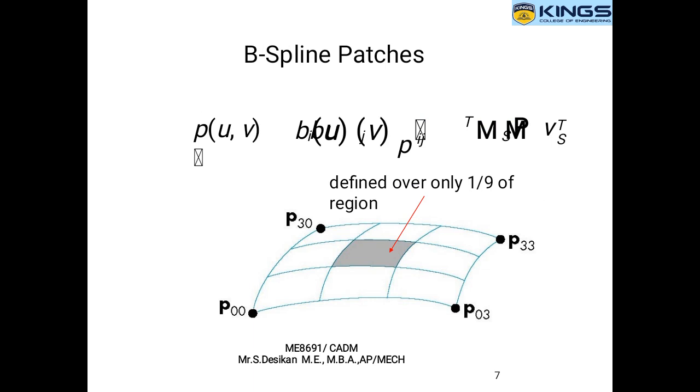Suppose a B-spline patch is there, it can be surrounded by 9 equivalent spline points. In this diagram you can clearly see the center region, the shaded region, covered by 9 equal sized regions. Suppose the B-spline curve is a circle, it can be defined from anywhere and of any size.